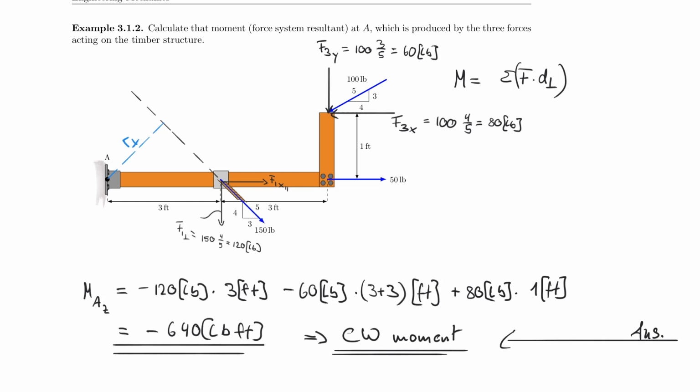So you see that this sign here has nothing to do with the direction the force is pointing into. So for example, here we have 120, and you could argue, hey, 120 is going down in the y direction. That's an argument I often hear in the classroom. But that is not related at all. The rotational sense is the only thing that matters.